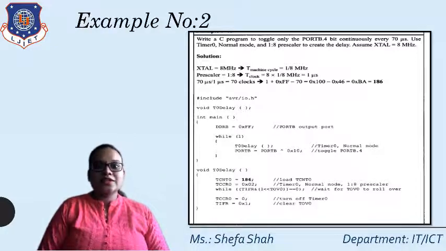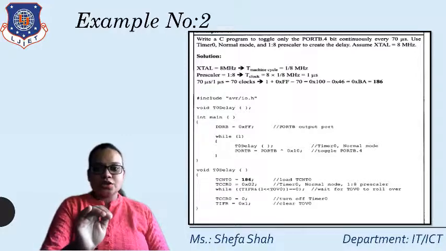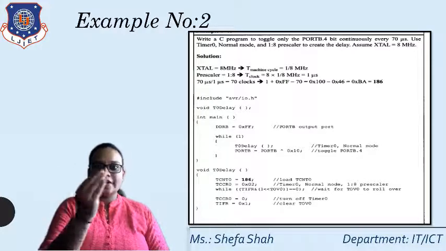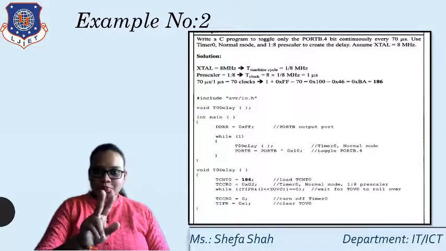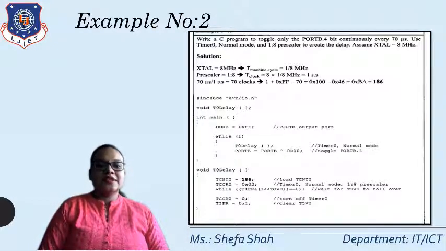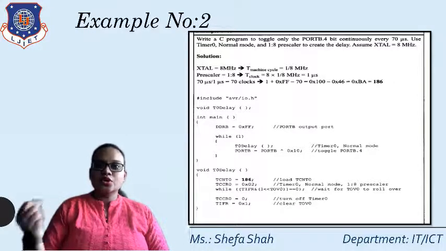Here TCCR0 is working in normal mode, so from D3 to D7 all the bits will be 0. Only the last 3 bits, bits 0, 1, and 2, will change. Here the 1:8 prescaler option is taken, which has the option value 2, so it is replaced by 0, 1, 0, that is 2. So in TCCR0, we will load the value 0x02.